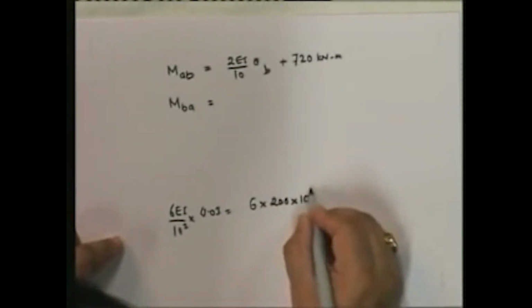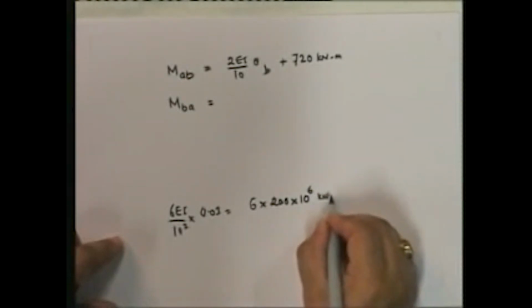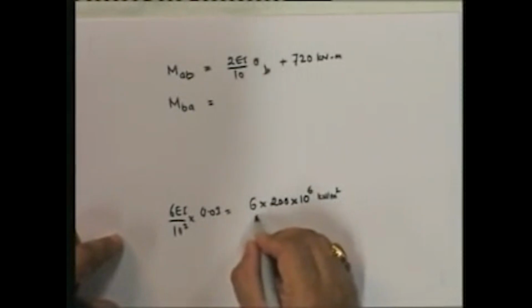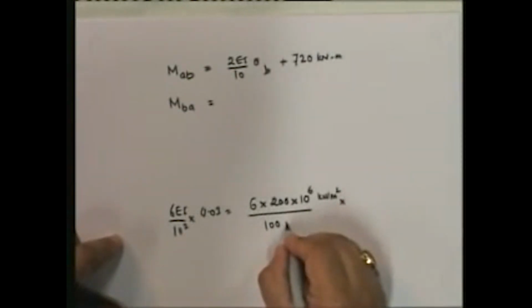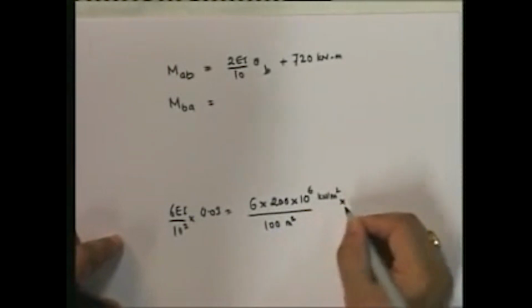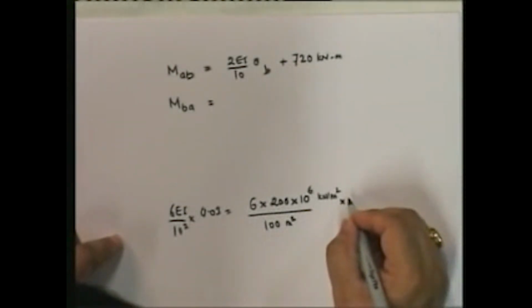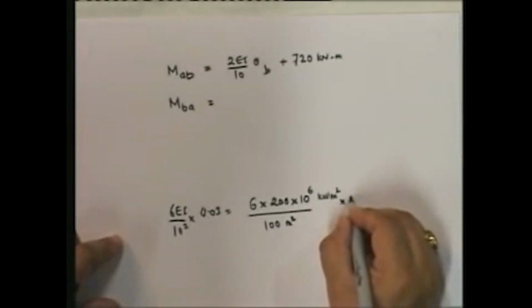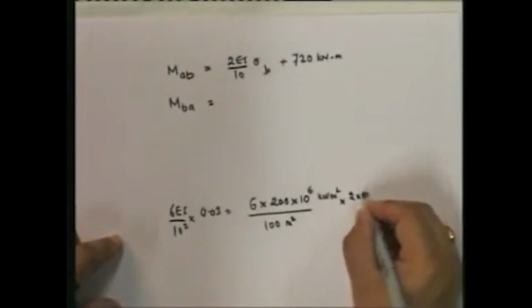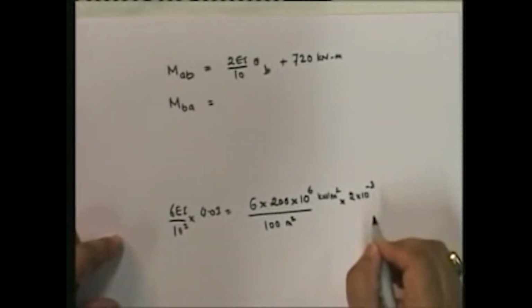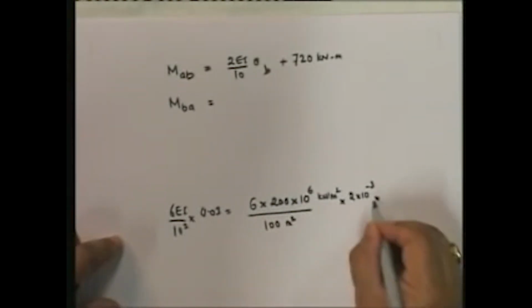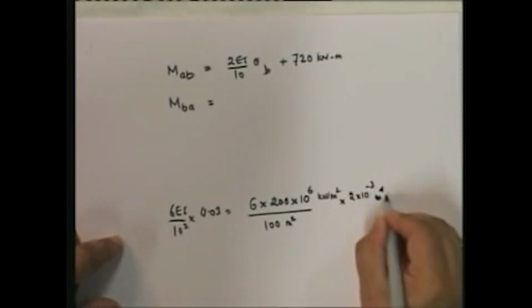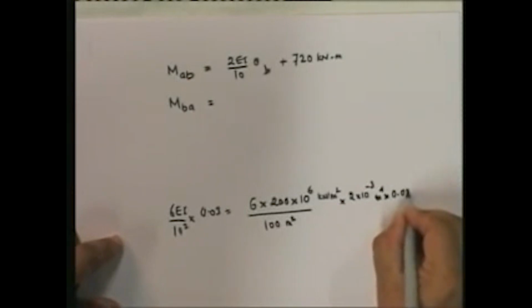So this is going to be equal to 200 into 6 kilonewton per meter squared, divided by 100 meters squared, multiplied by I, which is 2 into 10 to the power of minus 3 meter fourth, and then 0.03 meters.